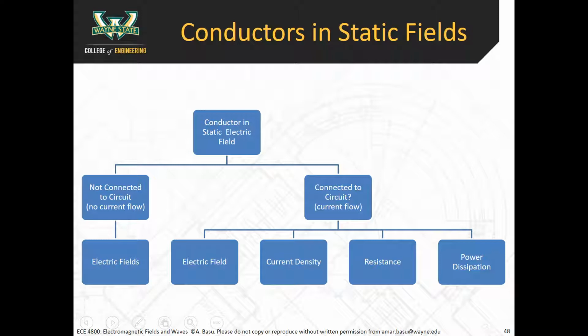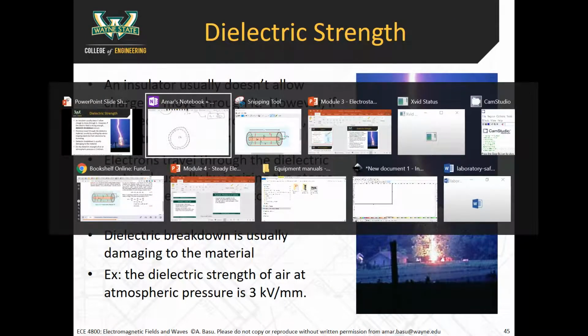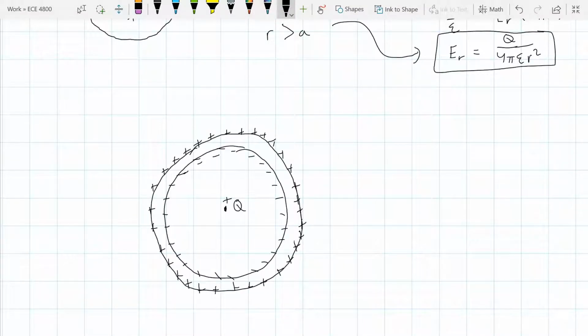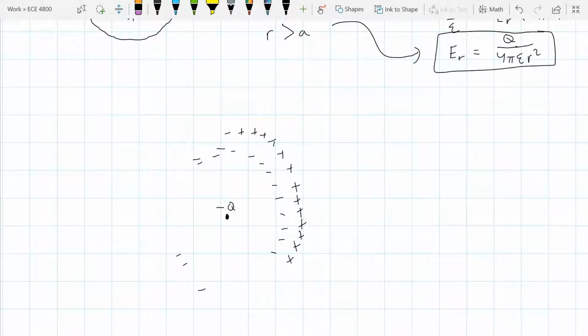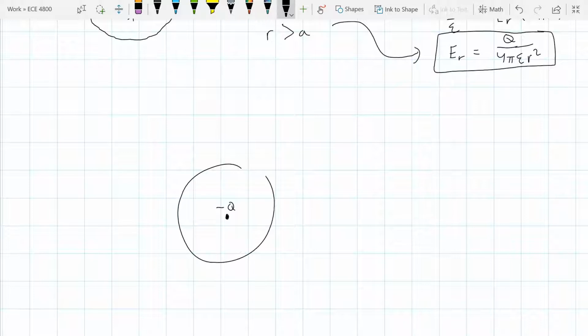Can I help answer the question? Sure. If there's a point that we're confused about, we can continue the discussion. Can you clarify that? Sure. What if you had a negative charge on the inside? Could you do the exact same thing? If you had a negative charge on the inside, let's say negative Q here, you'd end up attracting the positive charges on the inner surface here.